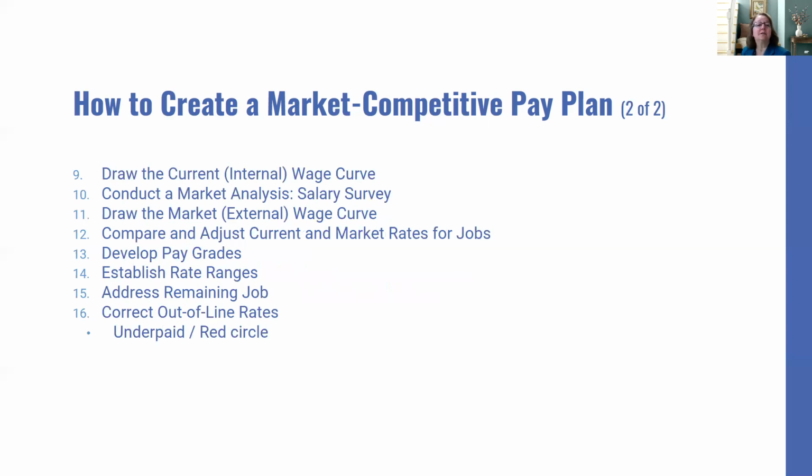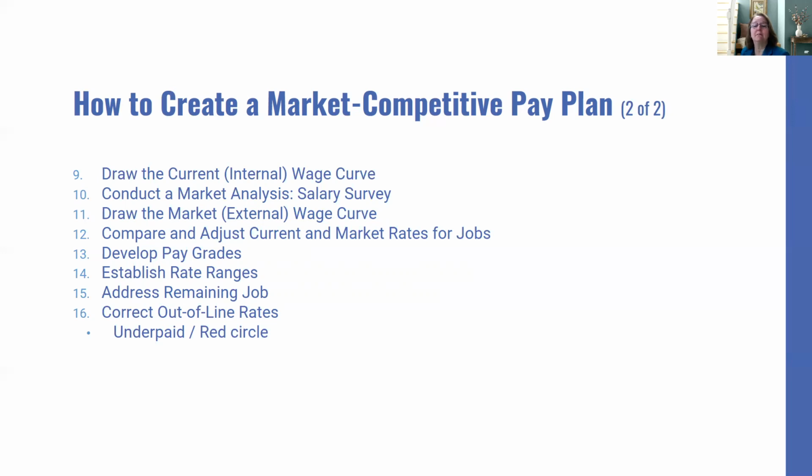So then now step 9, draw the current internal wage curve. First you're going to study how each job's points relates to its current pay rate. And we draw an internal wage curve, plotting each job's points and the wage rate the employer is now paying for each job. And then number 10, conduct a market analysis or salary survey.